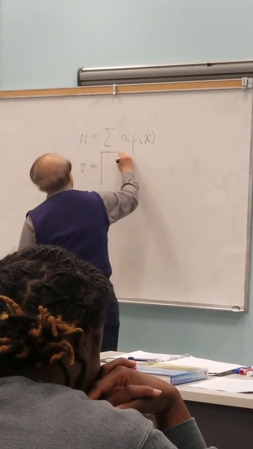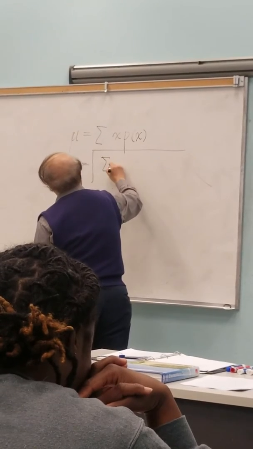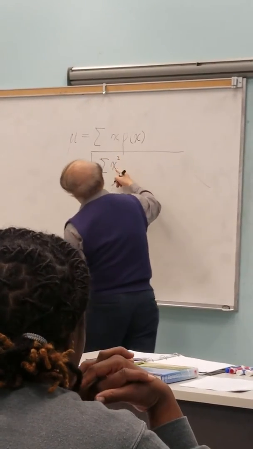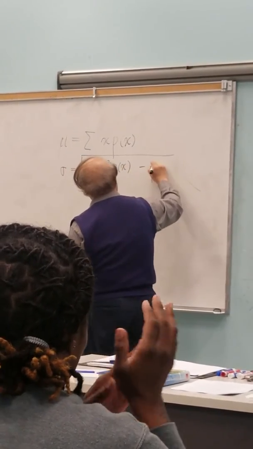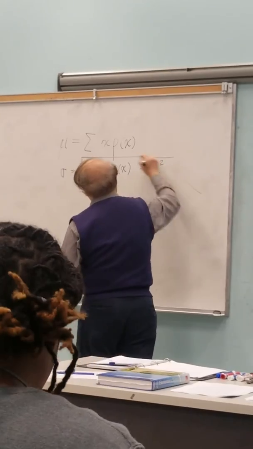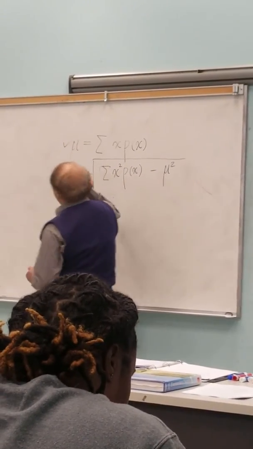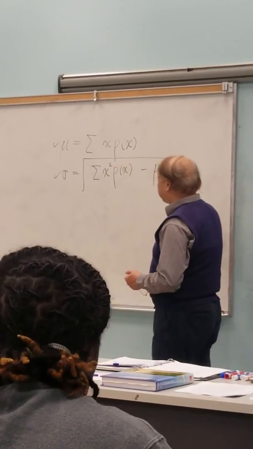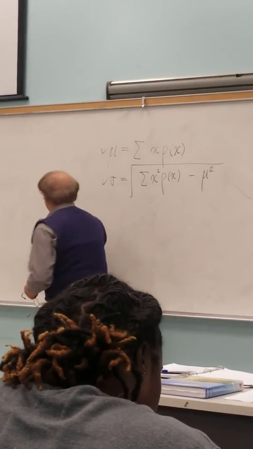You take the square root of variance. How do you find variance? You add all the possible values squared times their probabilities, then minus the mean squared. You calculate this, take the square root, and you get mu and sigma. This is chapter 5 for discrete random variables.